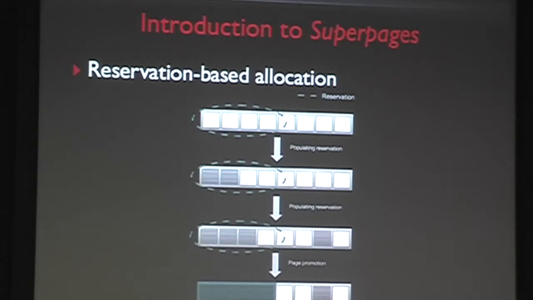So when a virtual object is going to be placed in memory, the VM reserves an area that is at least superpage size or bigger.